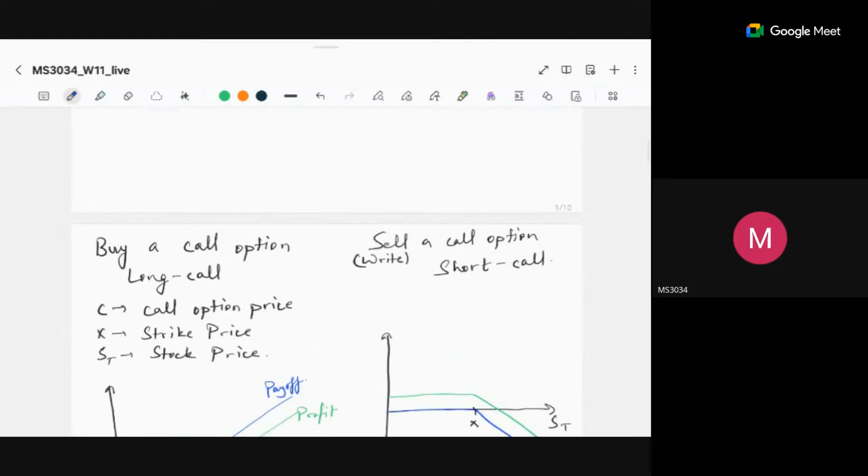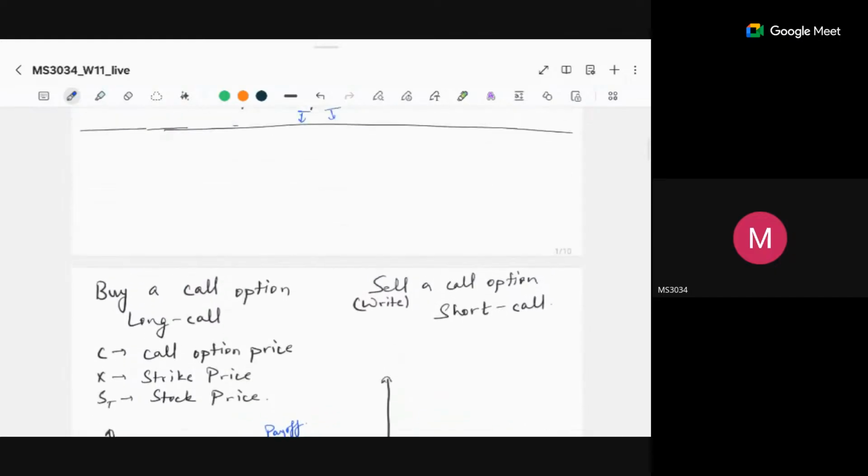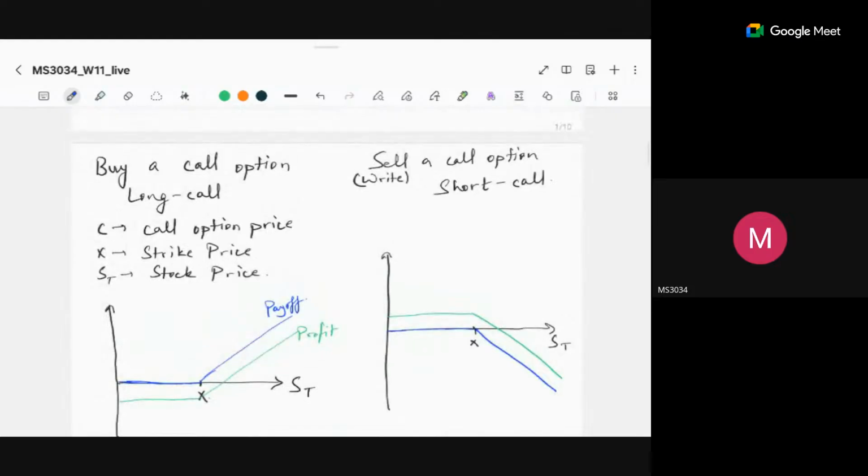Okay. Now let's look at the payoff diagram, how these payoffs behave. There are two types of options, call and put option. With these options also, you can take two positions: either you can buy the option or you can sell the option.